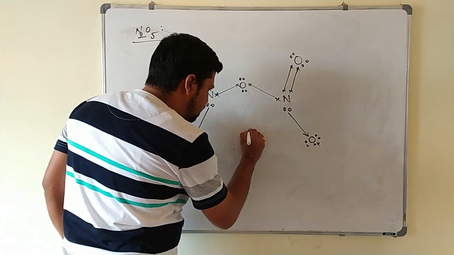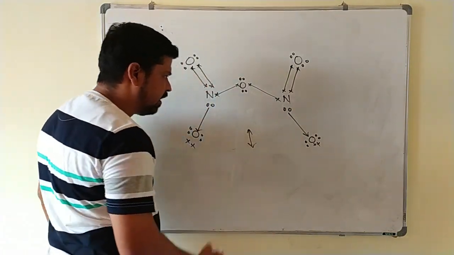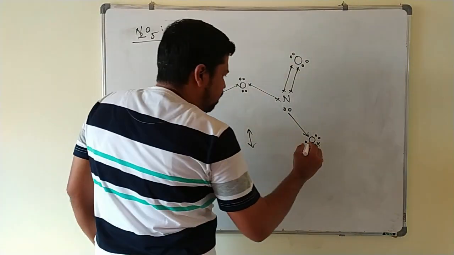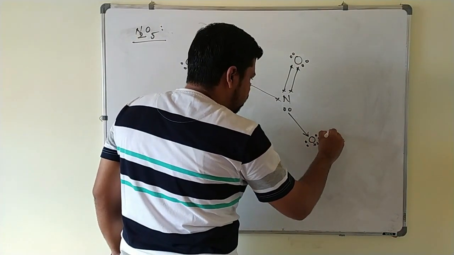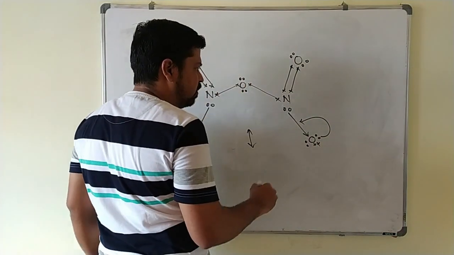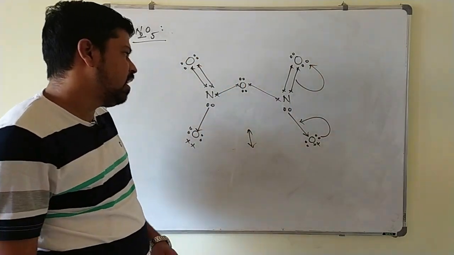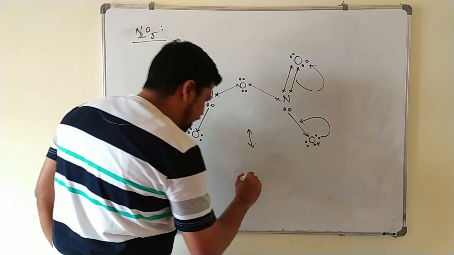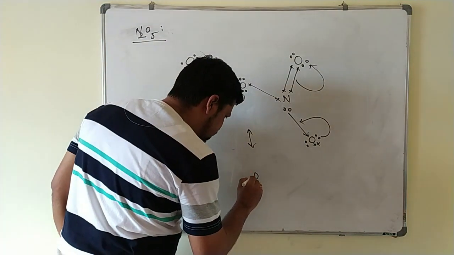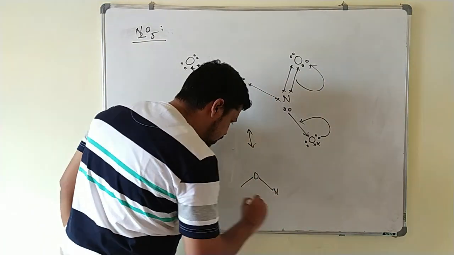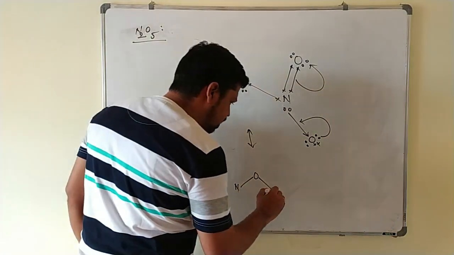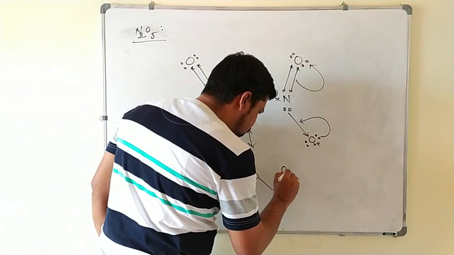Its resonance structure can also be written like this. I'll write it here. Simply, you transfer these electrons to this bond, and these bonded pair of electrons go back to oxygen. Now you write this oxygen as it is, this nitrogen and this nitrogen. Now we will form a single bond here.